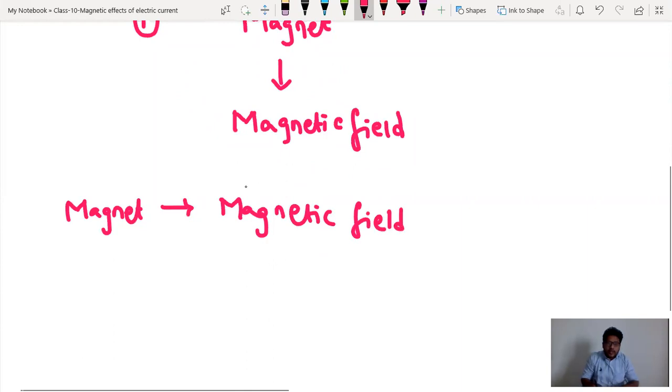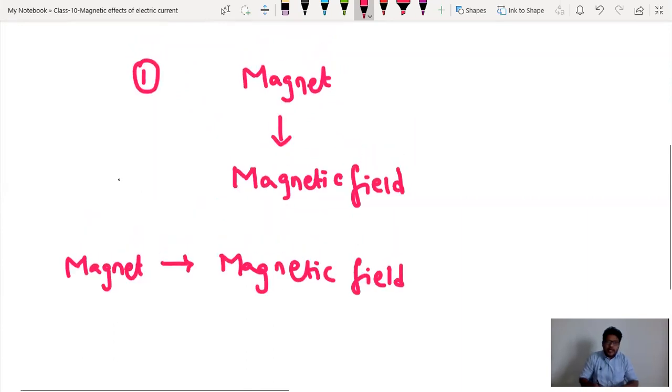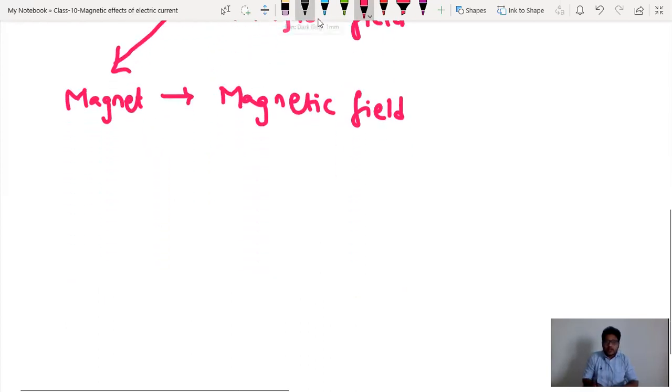Now if you bring these two magnets near to each other, here you may have one magnet with north and south pole, here you may have another magnet, maybe north and south pole.